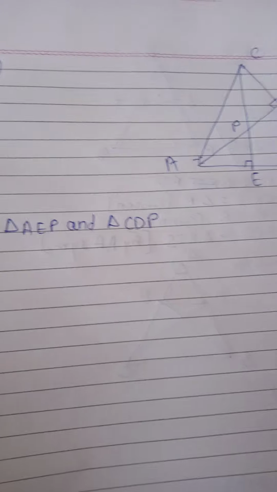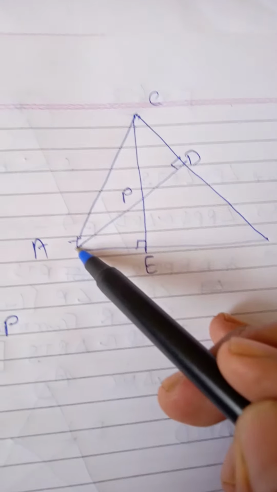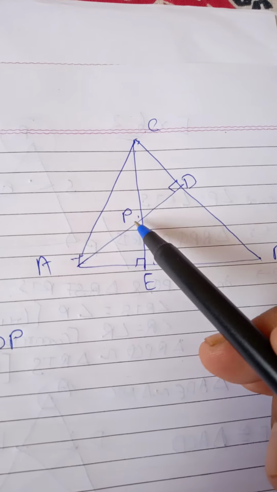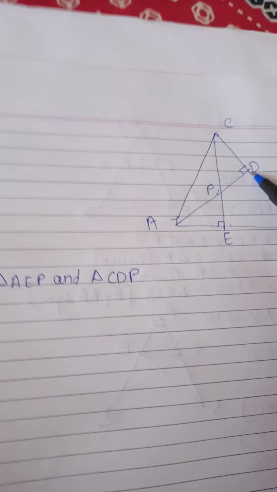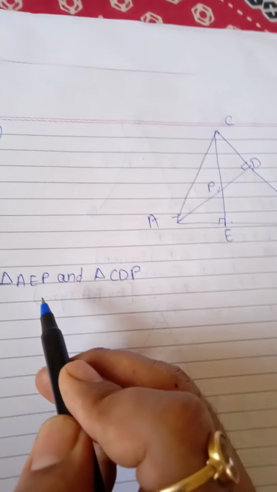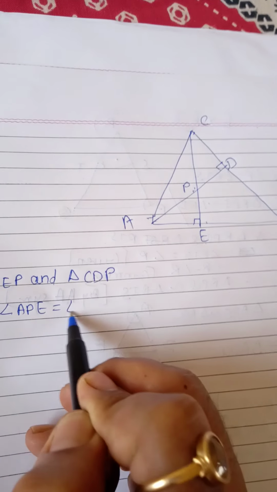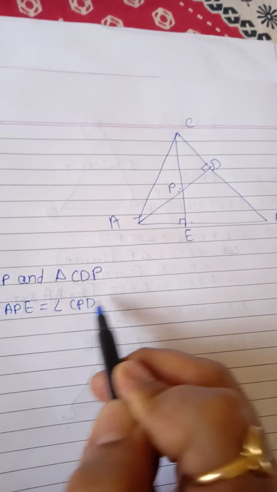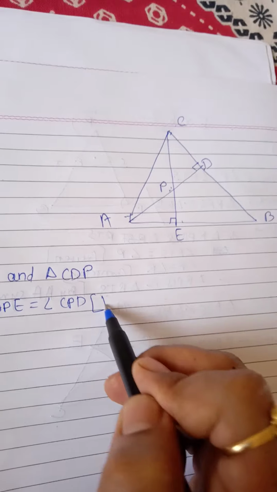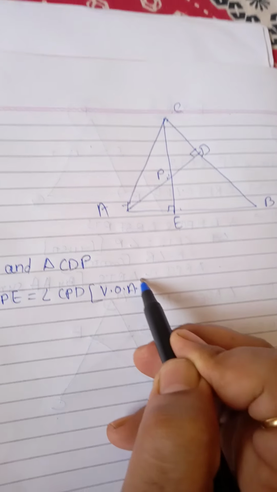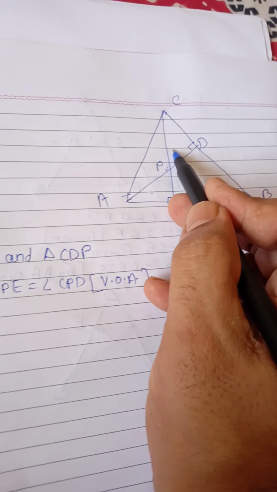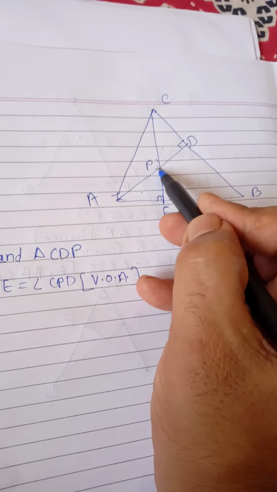Okay. Now can you see here AEP and CDP? We need two reasons to prove it similar. The first one is angle APE is equal to angle CPD. Can you say why? It is vertical opposite angle. This region and this region. Now we have two right angles also.